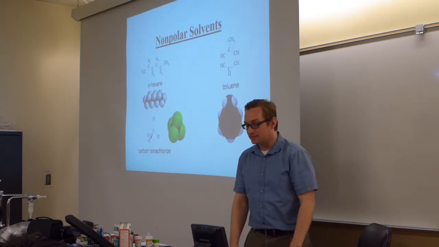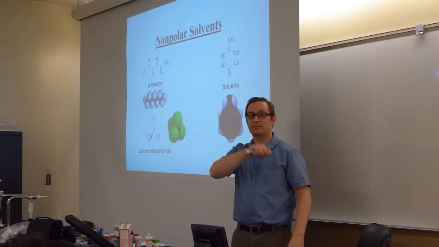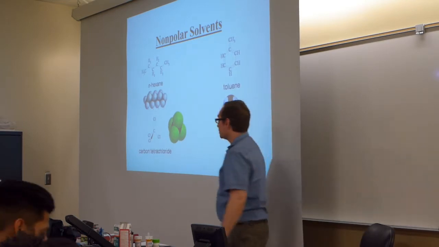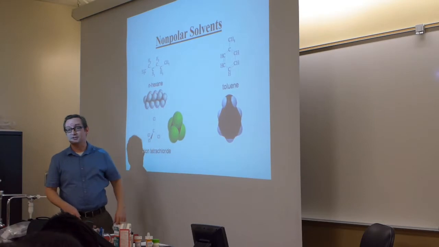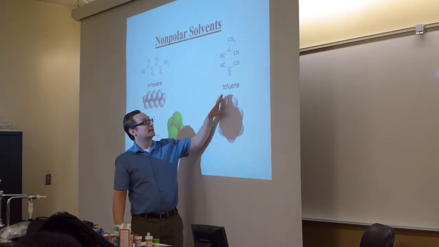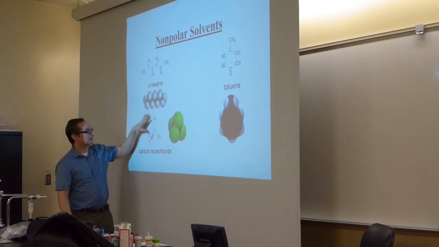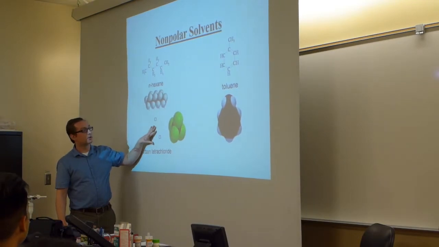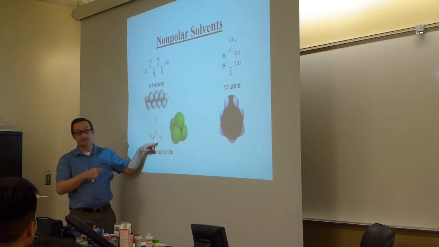Here are some nonpolar solvents. You have n-hexane. The n just refers to the fact that the carbons are in one linear chain. Here's toluene. I used to work with this all the time. Kind of nasty stuff, carcinogenic. I hope it doesn't come back to bite me years from now. But here's toluene, nonpolar. Here's carbon tetrachloride, also nasty stuff. Nonpolar. This is nonpolar because of the symmetry. It's a smaller molecule.